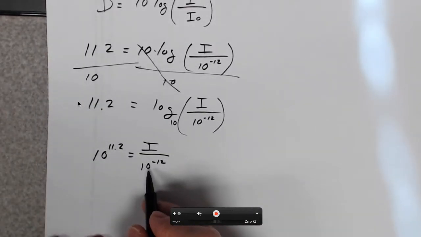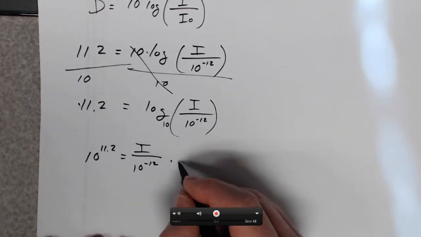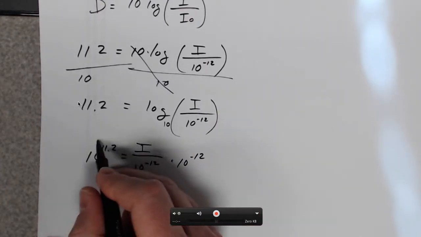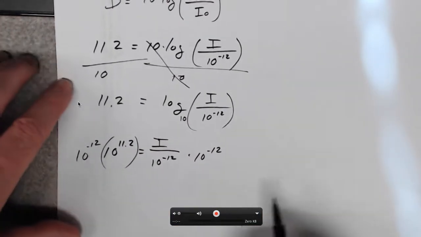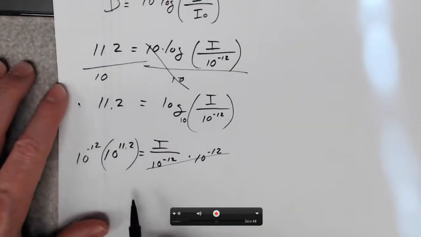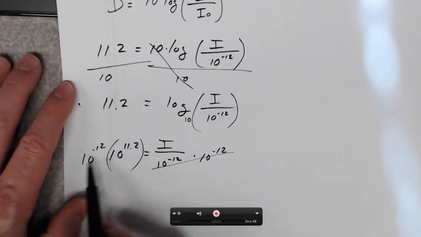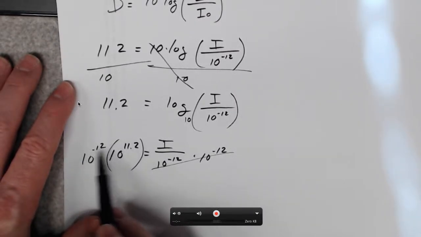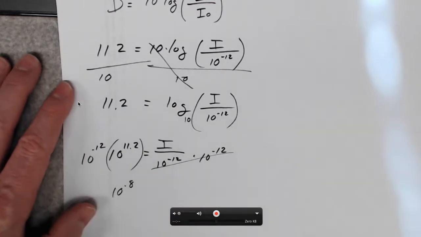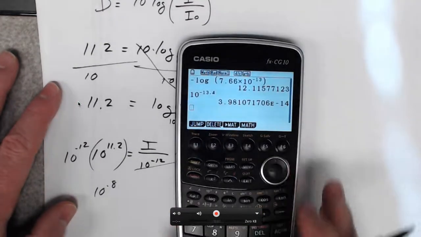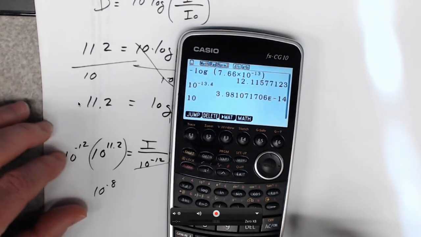And to get rid of that, you multiply both sides by 10 to the negative 12. So that cancels. When you multiply things with the same base, you just add their exponents. That should be 10 to the negative 0.8. We'll calculate it just to make sure. I've been known to be wrong before.